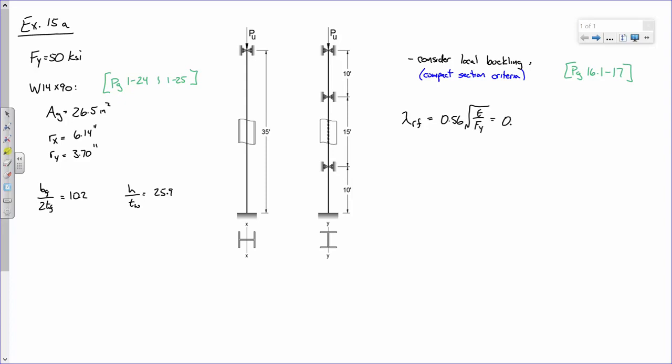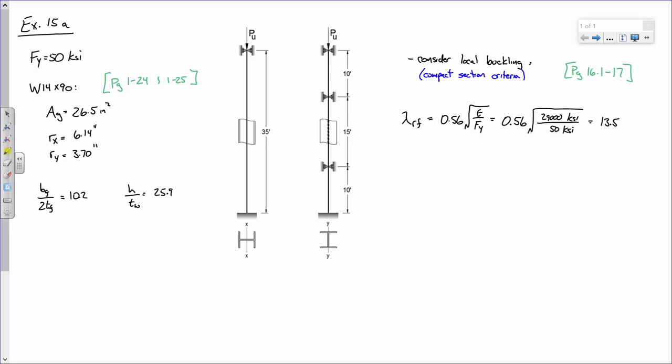And so what we're computing is a lambda rf of what? So that's 0.56 square root of 29,000 over 50. So what does that come out to be? I'm just curious. 13.5, okay.